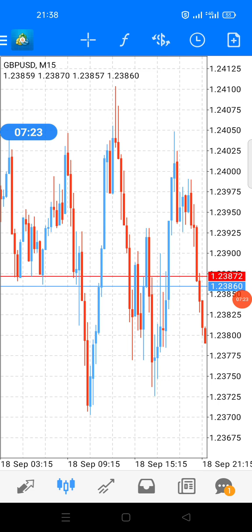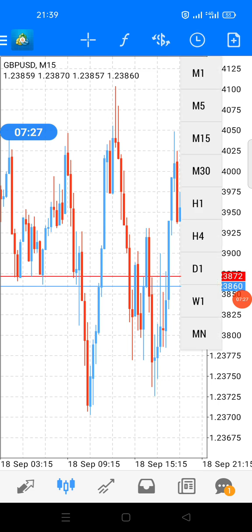Now the next one is something that looks like a clock. If you click on it, it shows you the different time frames. It means that each of these candlesticks you see here is represented by the various time frames you see there. That means any one you click on will represent the time frame that you are looking at.